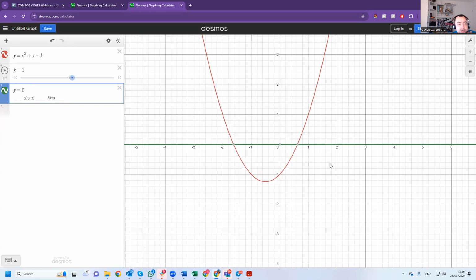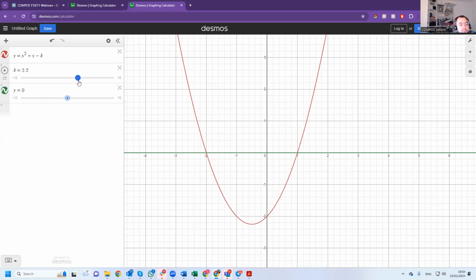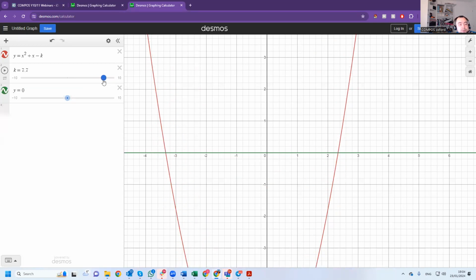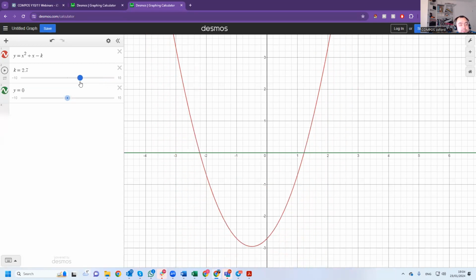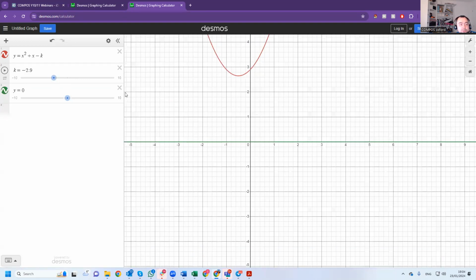So you can see here now they have two roots, but as we increase k, it's still two roots. And if we go the other way, look, if k is minus 3, there's no roots. No intersections, that means no roots.